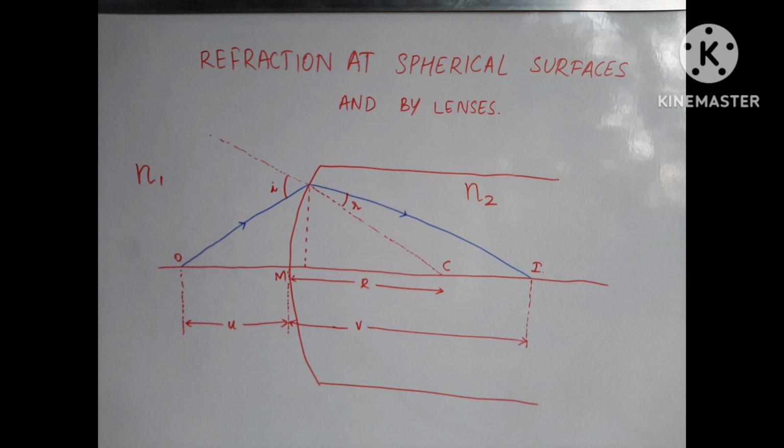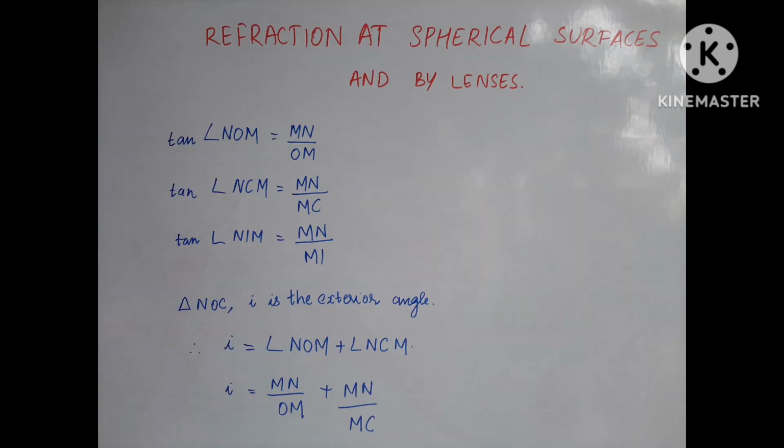Then we can write the trigonometric relations for these triangles: tan angle NOM is equal to MN by OM, tan NCM is equal to MN by MC, and tan angle NIM is equal to MN by MI.